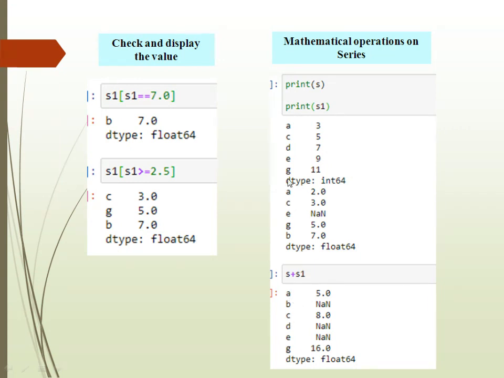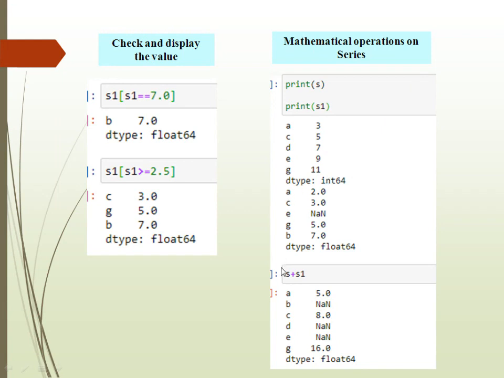A is checked in both of them. A is present in both series. So the addition of both of them is 5.0. Why 5.0? Because float has higher priority than integer value, so we'll write the answer in float, not in integer.